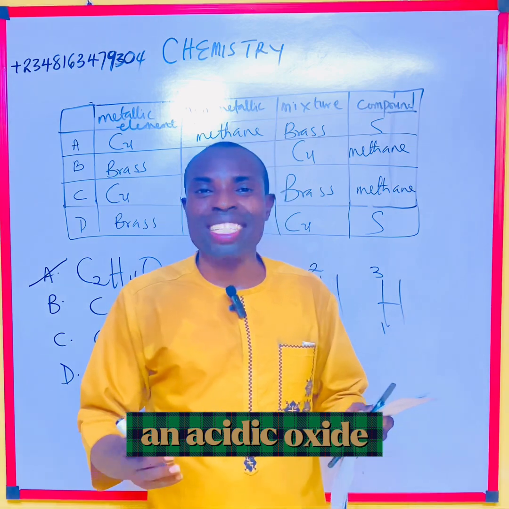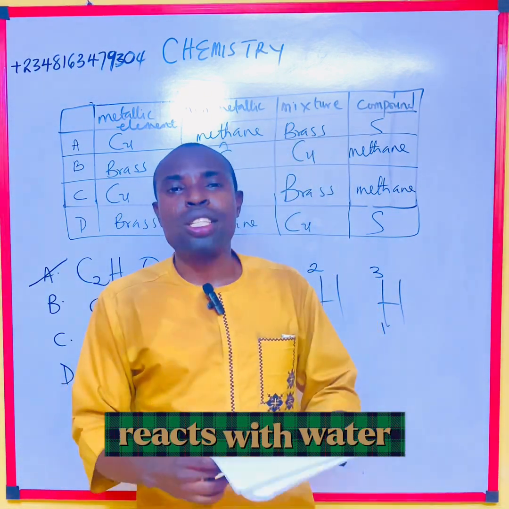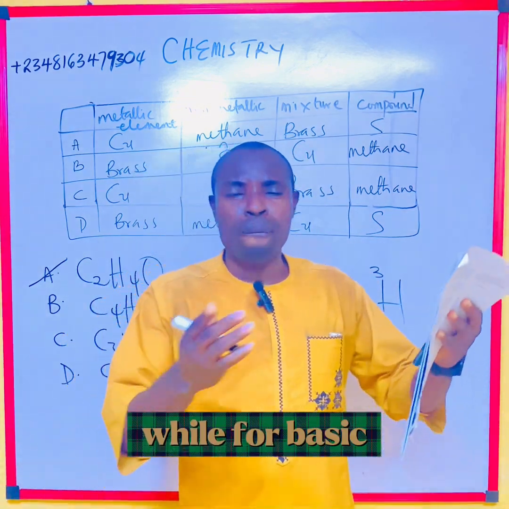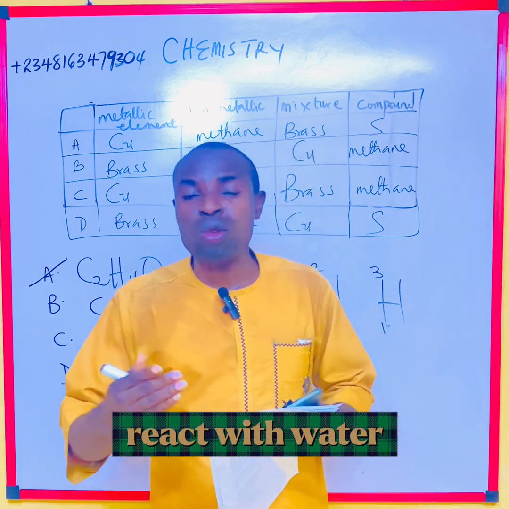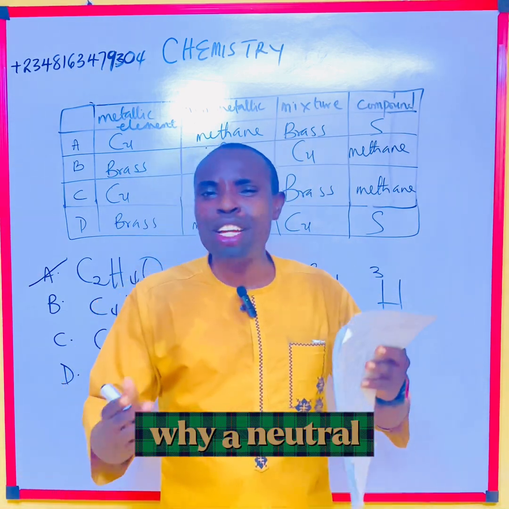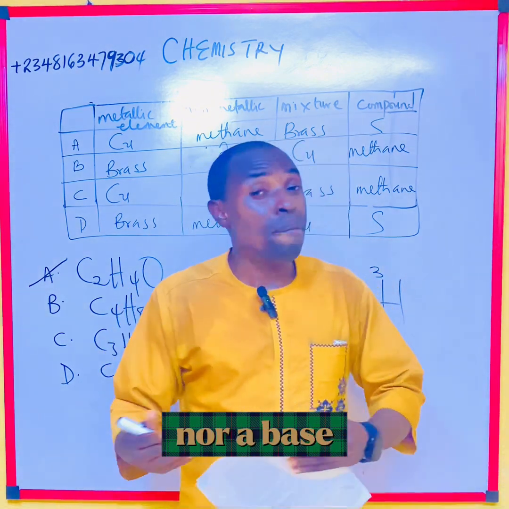An acidic oxide is an oxide of a non-metal, which when it reacts with water can form their various acids. While basic oxides are oxides of a metal, and when they react with water, they form their bases or alkalis. While a neutral oxide can neither behave as an acid nor a base.